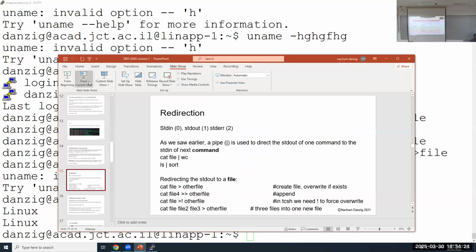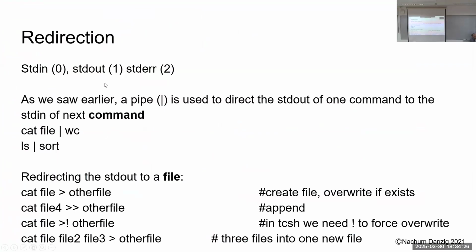And that's what we see summarized in the slides. Here, standard input, we didn't deal with that, but that's the keyboard. 1 is the output, 2 is the output for the error messages. Okay, we saw that here. So cat file to other file, cat file to other file with append.